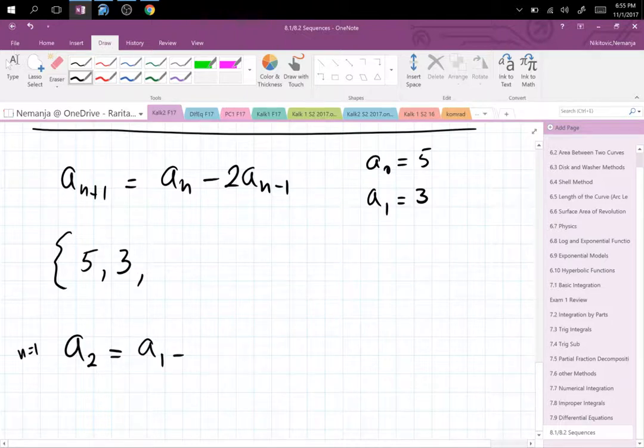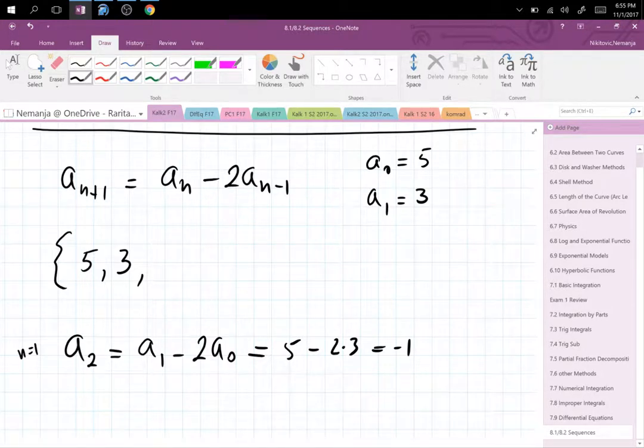This is A1 minus 2 A0. Perfect, I have both of those. A1 is 5 minus 2 times 3, and the whole thing is negative 1. Negative 7, right? Great.